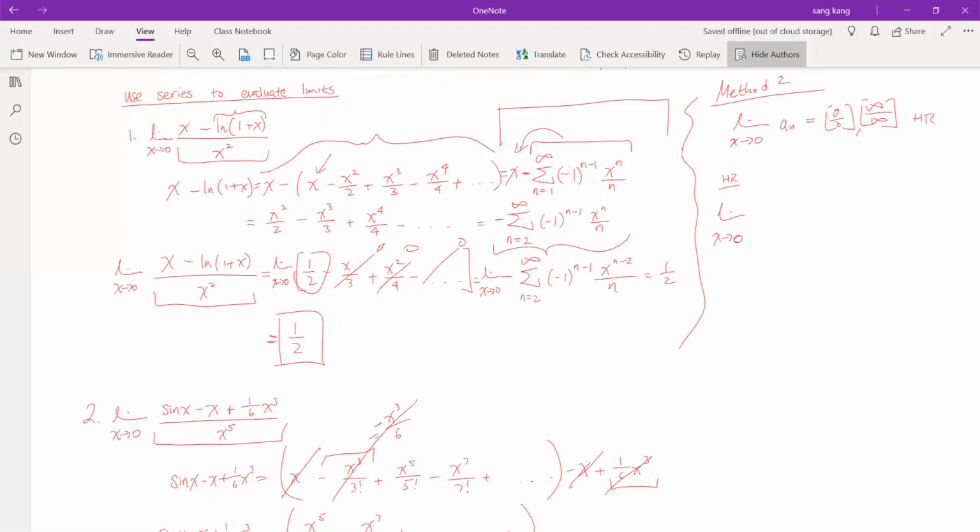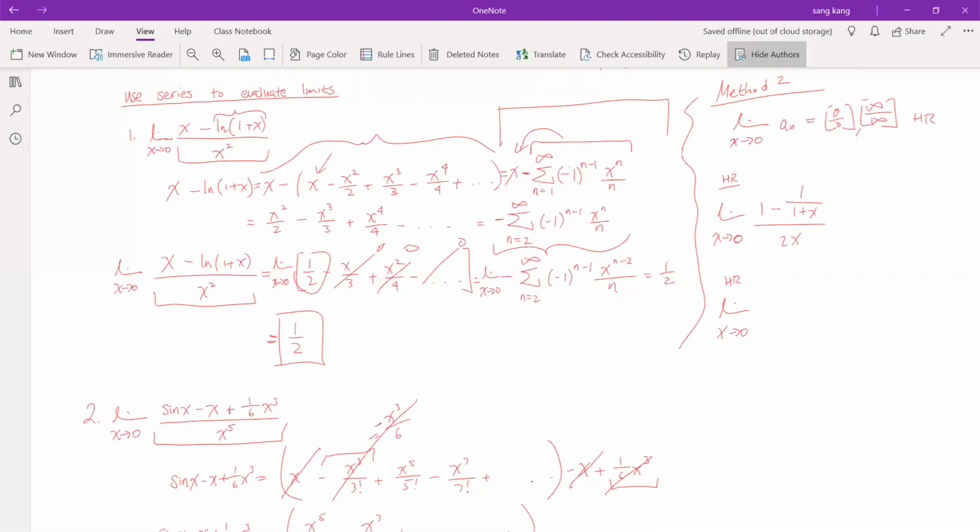So the derivative of the top would be 1 minus 1 over 1 plus x, over 2x. So now if we apply the limit, it is 1 minus 1. So that's 0 over 0. So we have to use L'Hopital's rule again.